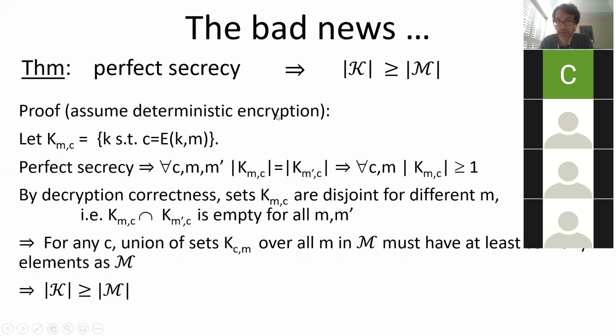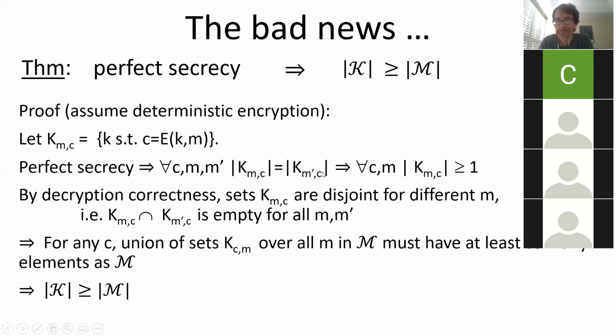Let's assume deterministic encryption again, and let's count the keys. For any M and C, let K(M,C) be the set of keys that map M to C. Perfect secrecy says that for any ciphertext and two messages M and M', these key sets have an equal number of keys.